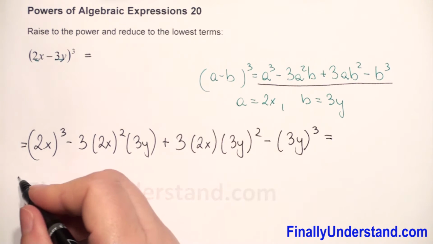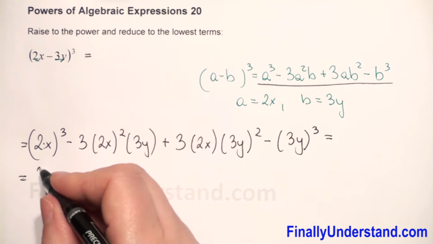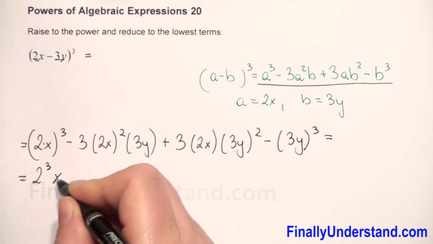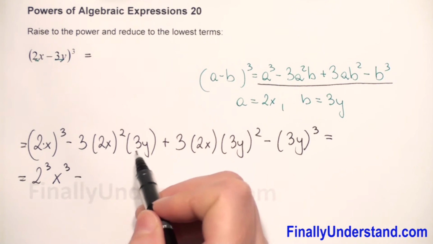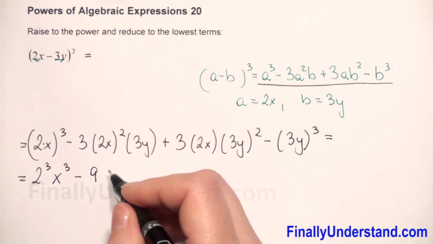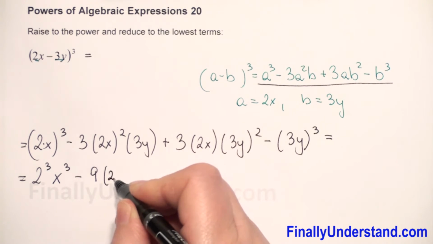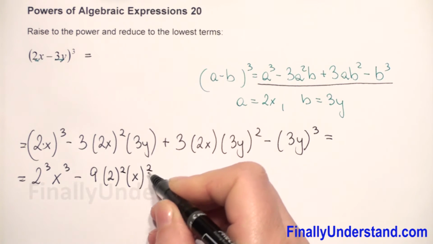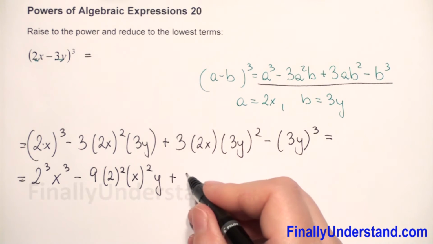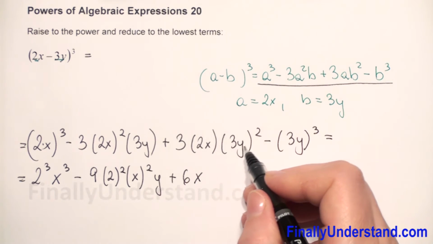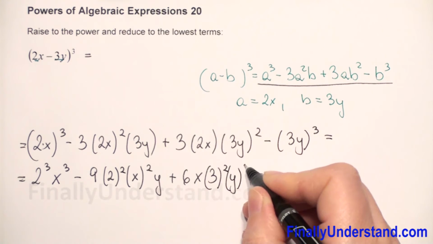This is equal, we have multiplication in the first parenthesis, it means we have to raise to third power 2 and x, so 2 to third power times x to third power minus, first what we can do, we can multiply 3 times 3, so it will be 9, and next we have 2x to second power, so we have to raise to second power 2 and x to second power, and we have times y, plus 3 times 2 give me 6x, and next we have to raise 3y to second power, it means I have to raise 3 to second power and y to second power.